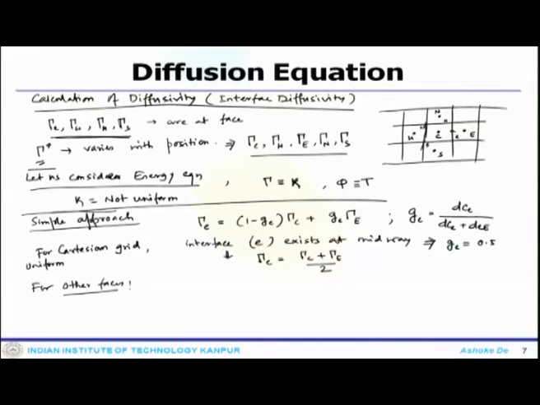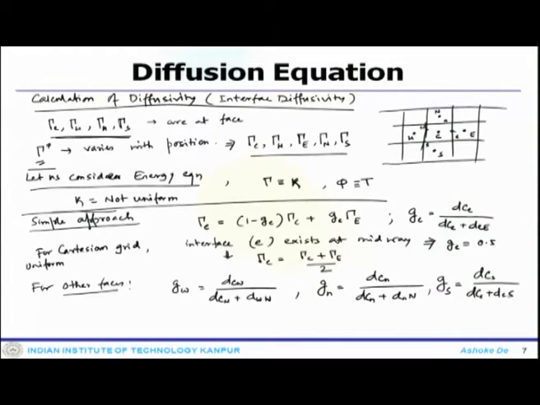For the other faces, the coefficients would look like the interpolation coefficient. If it is at the west interface, then GW would be D CW divided by D CW plus D WW. In the north face, it would be D CN divided by D CN plus D NN, and the south face it is D CS divided by D CS plus D SS.